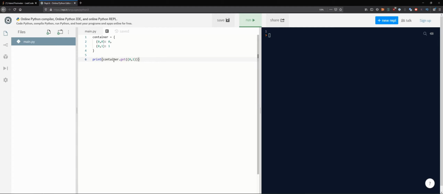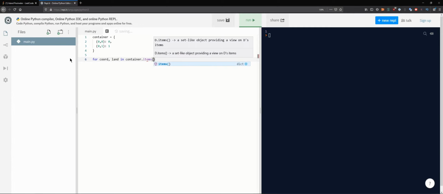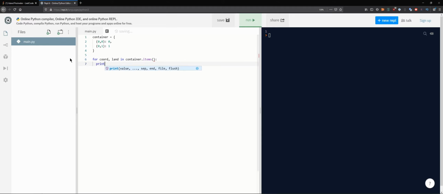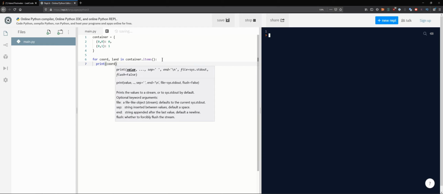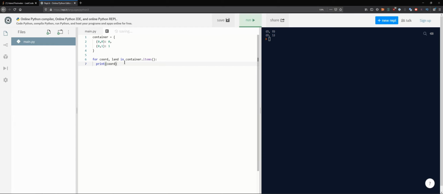And let's see, for example, I want for coordinates, land in container items, print me coordinates. Why do I want this? I want to see how I can actually access that. So can I do something like this? I want the second one.